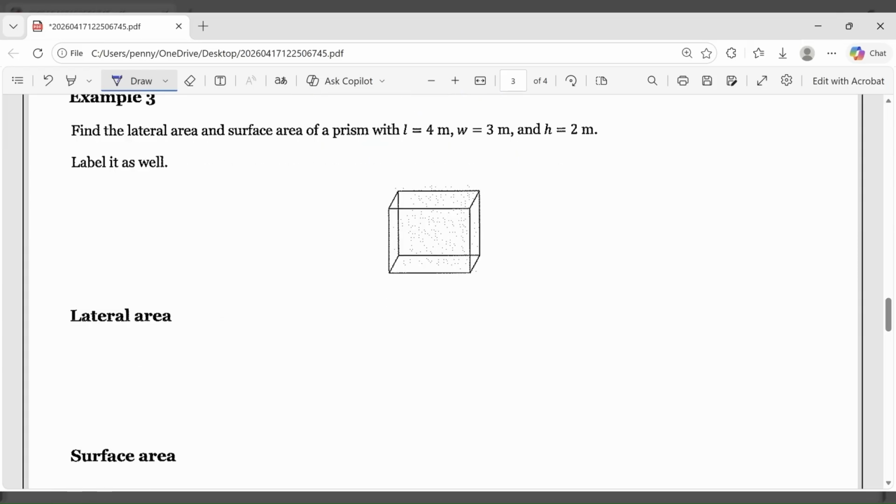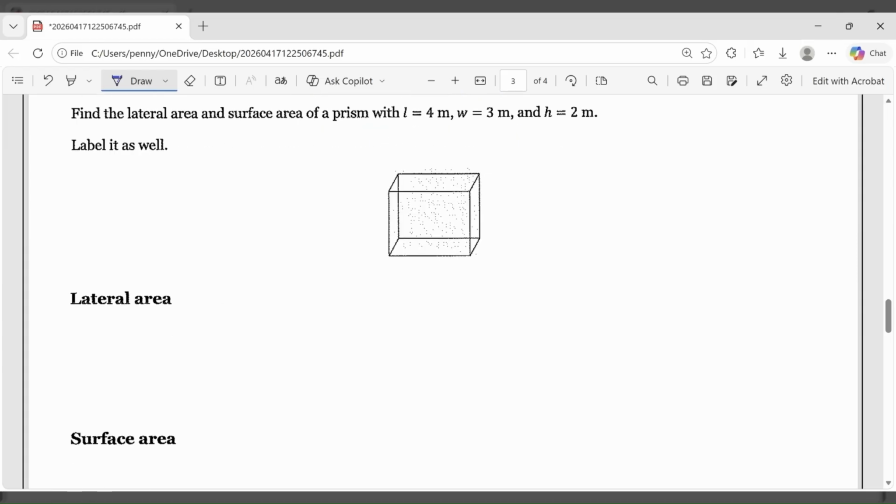For example 3, we're going to label our diagram. It says the length is 4 meters. The width is 3 meters. And the height is 2 meters. So we have our length, our width, and our height.